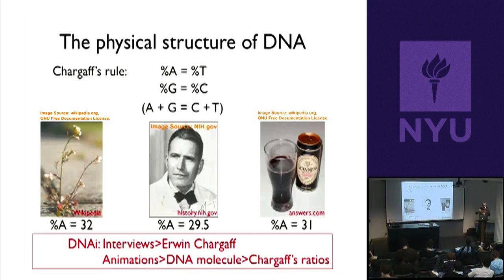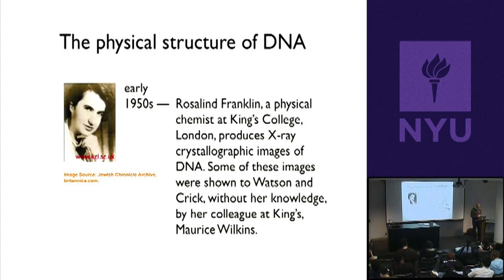Next clue came from a different type of experiment in the early 1950s called X-ray crystallography. Okay, and it was done by a scientist named Rosalind Franklin, who has sort of a sad history in biology because she was treated like a lot of women were and are unfortunately treated, and that is her intelligence was put down, her results were stolen, and the credit she deserved was taken by other people.